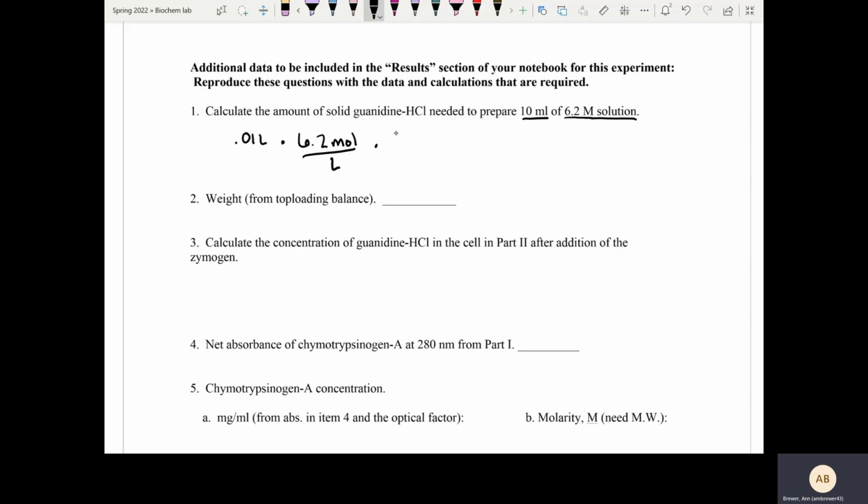Then we'll multiply by the molecular weight, so 95.53 grams per mole. And this gives us 5.92 grams. And so that will be the amount of solid guanidine HCl needed. The weighing of this was done by the TA, so we didn't get a weight.